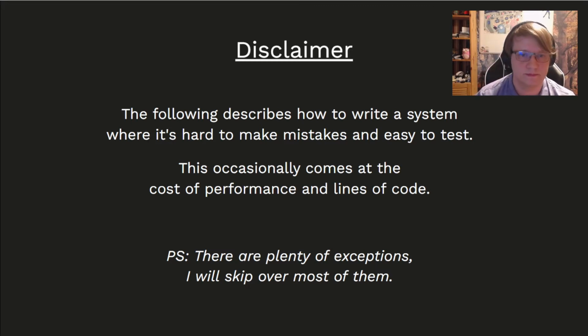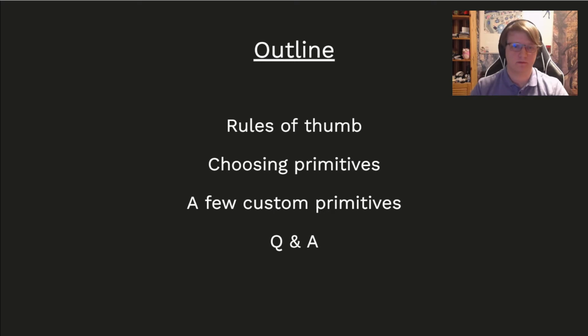And yeah, the rough outline is this way. Of course, feel free to ask questions at any point in time. The first part is rules of thumb: if you don't take anything else from this talk, just apply these rules and you're mostly golden already.